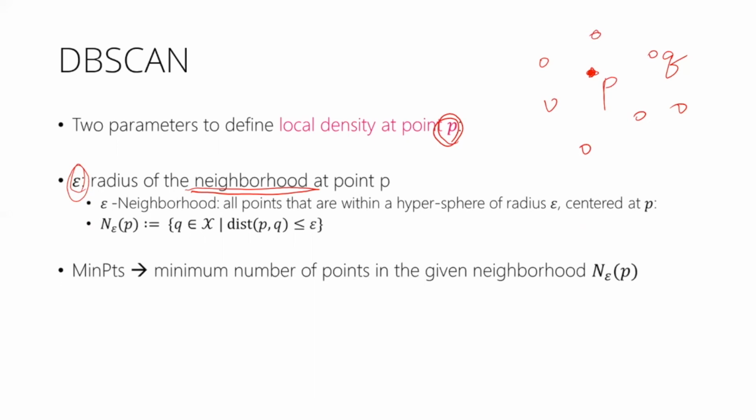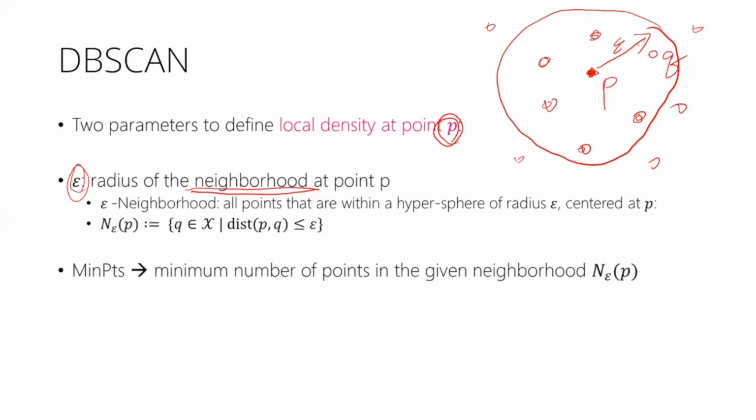Based on that parameter, we define a circle of radius epsilon, and the points that fall within the circle are considered to be the neighbors of the point P. Points that are outside of this circle are considered non-neighbors, so they're not taken into consideration when the point P is concerned.